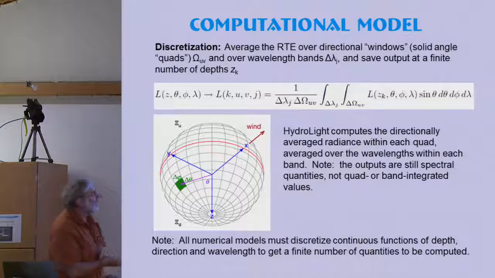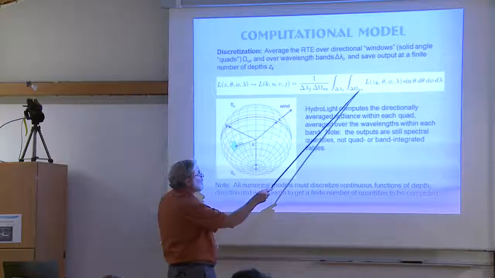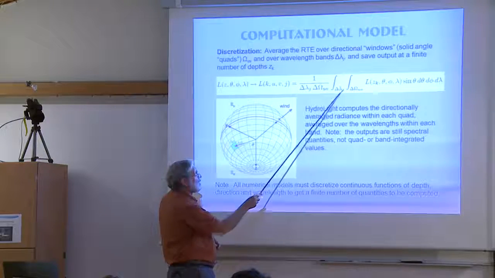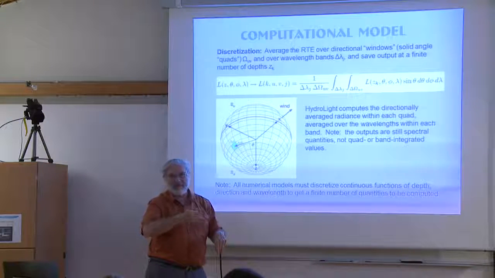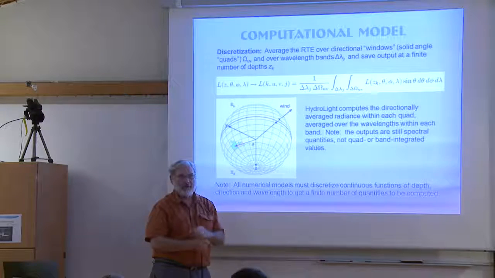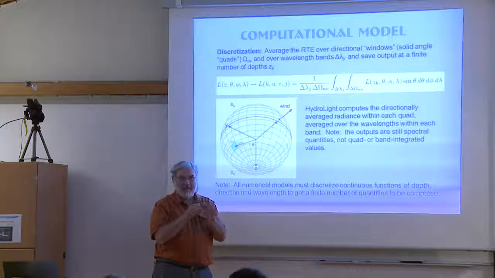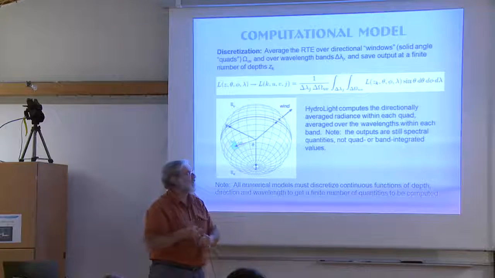And so then it takes, as I said, the radiance, it averages it over directions, it averages over wavelength bands. So you'll put in that you want to run it from, say, 400 to 700 nanometers by 10 nanometer bands. So the output will be the band averaged radiance from 400 to 410, 410 to 420, and so on.